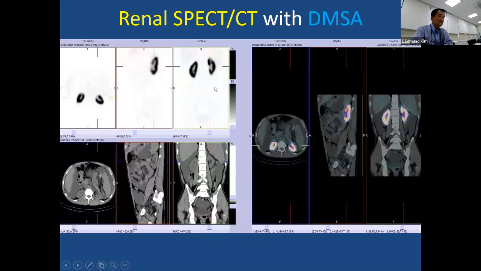So here, as I mentioned, dimercaptosuccinic acid (DMSA) is a glomerular agent, but it stays in the cortex much longer than DTPA and is slow. So it's a fixation agent in the tubular. You can see the delineation of the margins very clearly.